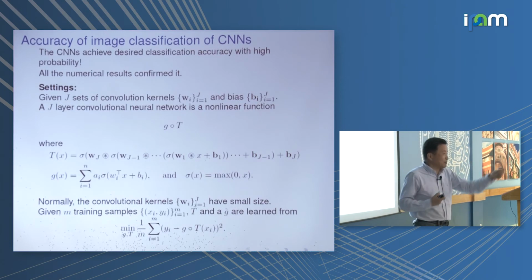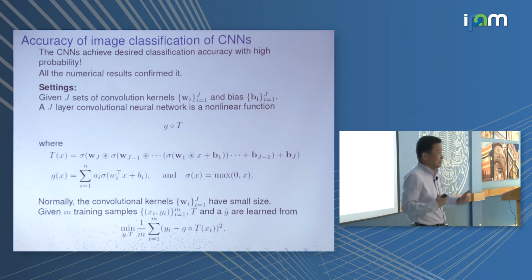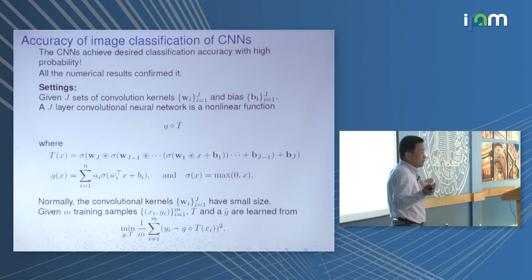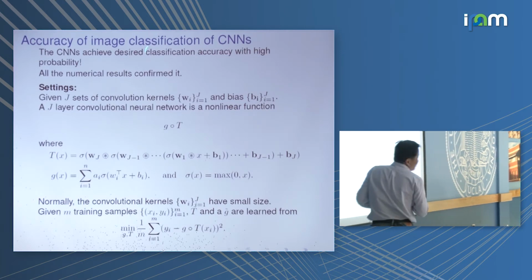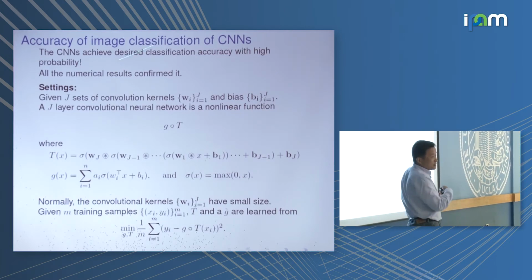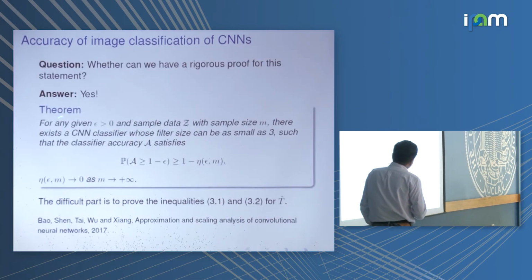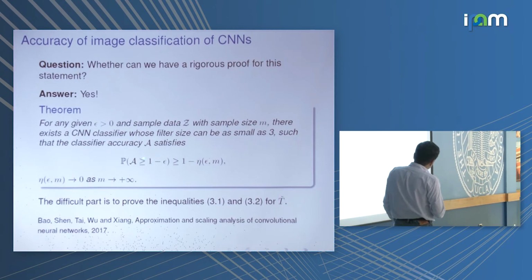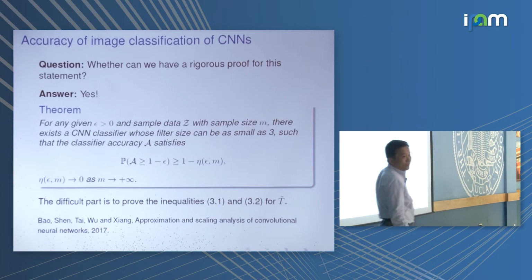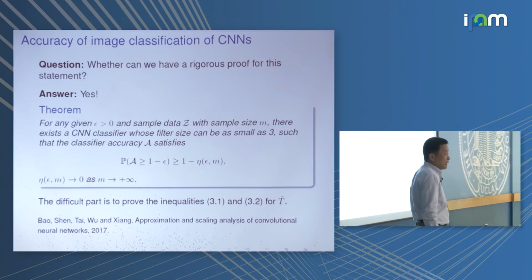Everybody says 80%, 90%, 99%. It's a probability. But do we have a mathematical proof for this statement? I don't see anything yet. So what we prove is that for any given epsilon, the accuracy is close to 1 up to epsilon with high probability, and that probability is also close to 1. That's the theorem.